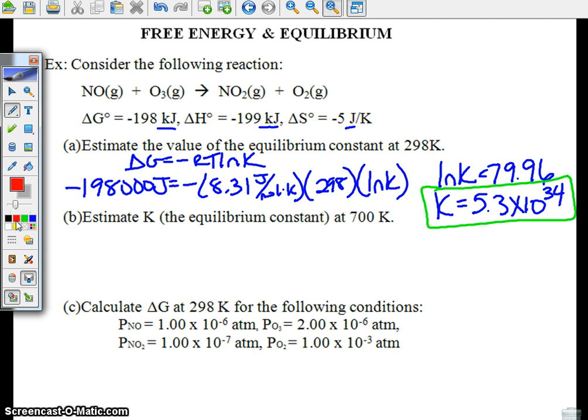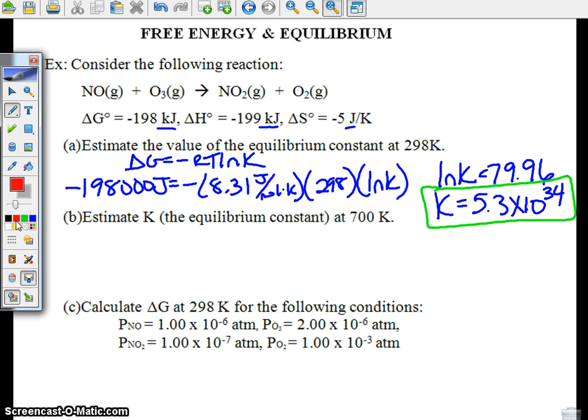All right, for part B, it says estimate the equilibrium constant at 700 Kelvin. So your first instinct is going to be to do the same thing with 700, but there's a catch, because that G is measured at what? At STP, at 298, it's not at 700.